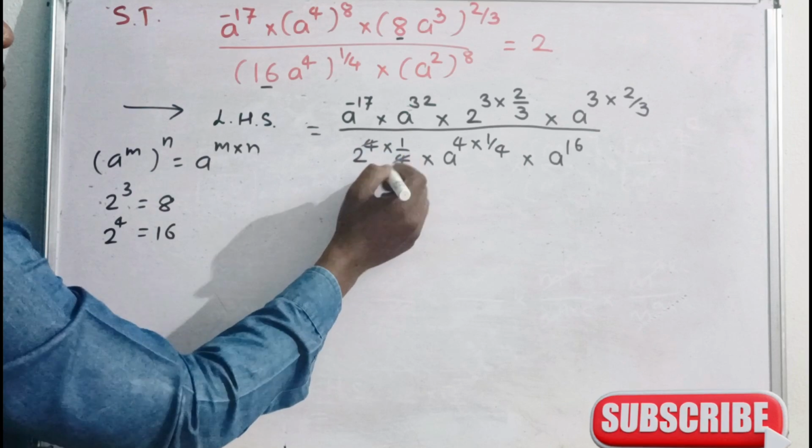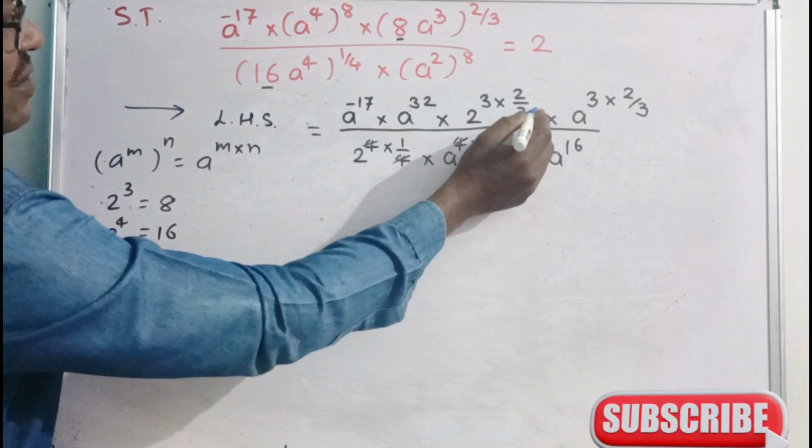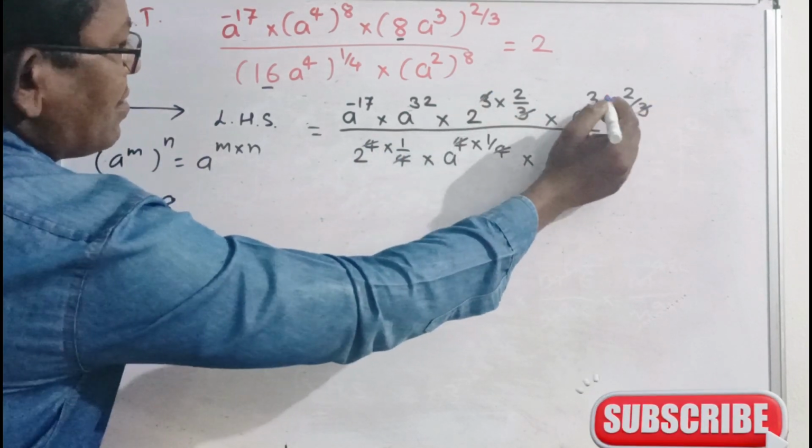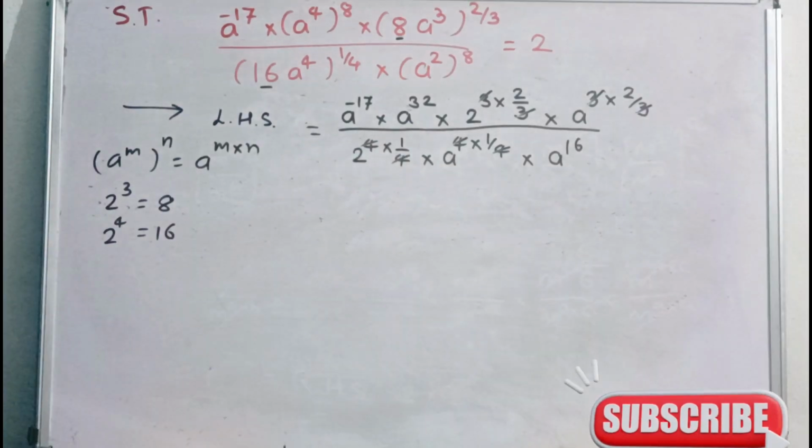Here 4 4 get cancelled, 4 4 get cancelled, 3 3 get cancelled, becomes 1 cancel here.